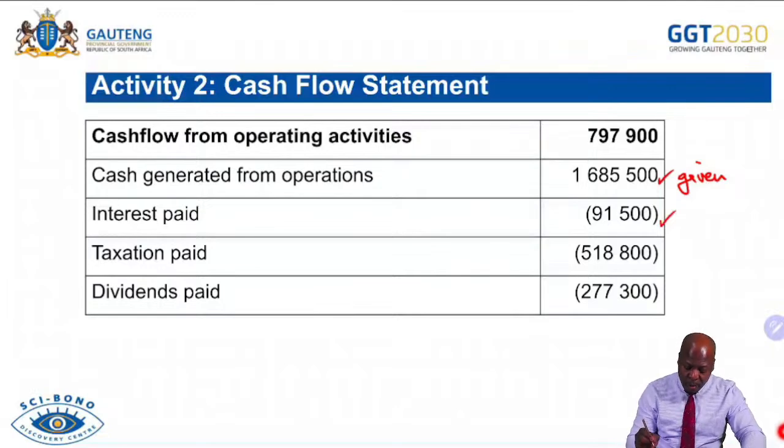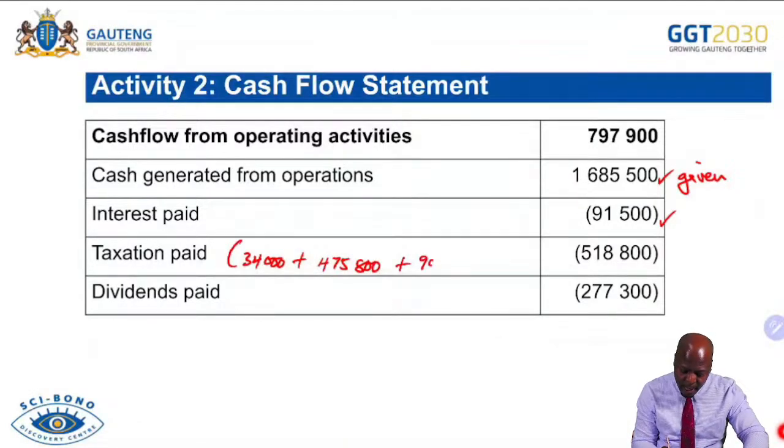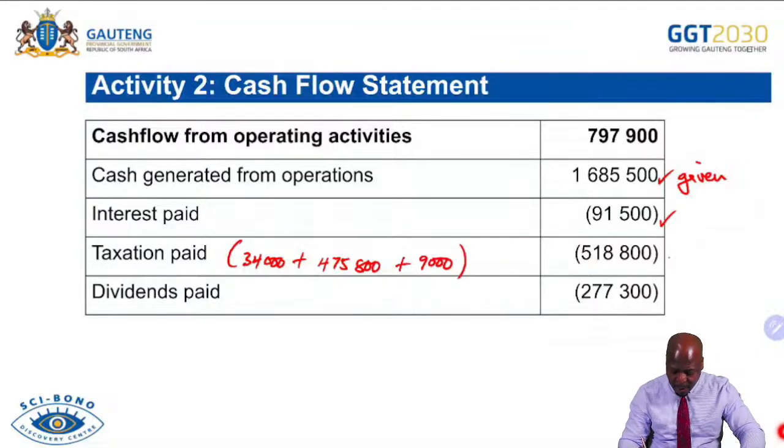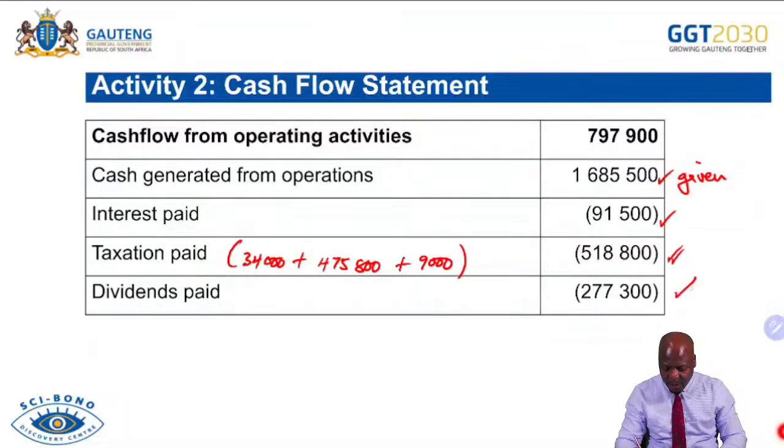On the taxation paid, you remember the calculation we did, whereby we had the 34,000 which was owing at the beginning, and then we had the income tax that we calculated, which was 475,800, and then we also had the 9,000. That is how we ended up with 518,800. And then the dividends paid was given as it is over here. So this was just easy.